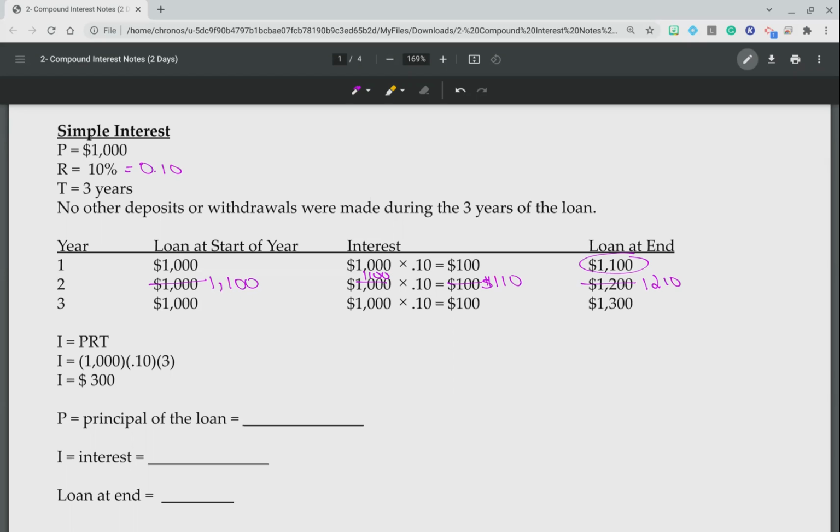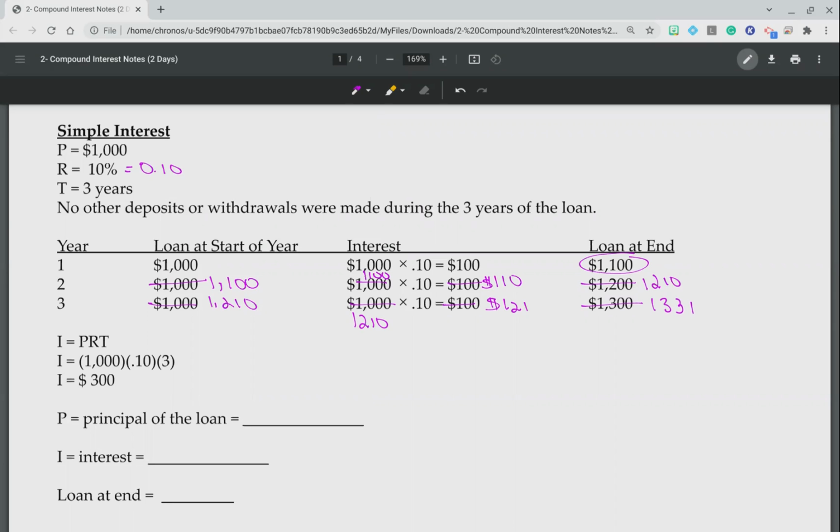Now the next year, year 3, that becomes my new principal. So this number becomes 1,210 times 10%. My interest is $121, and then this becomes $1,331.